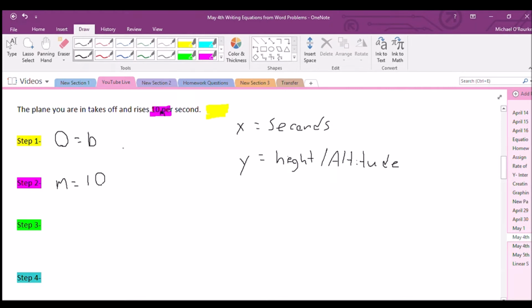So our equation here, we just write it as normal. As normal would be y equals 10x. We're not going to include anything because we don't have anything. And then our adjusted equation is going to be a equals 10s, as in our altitude equals up 10 every second.